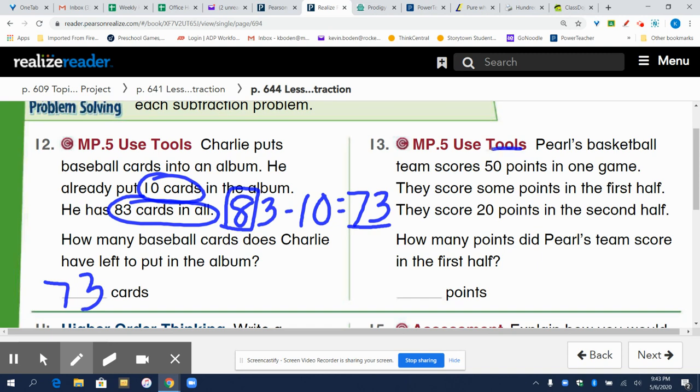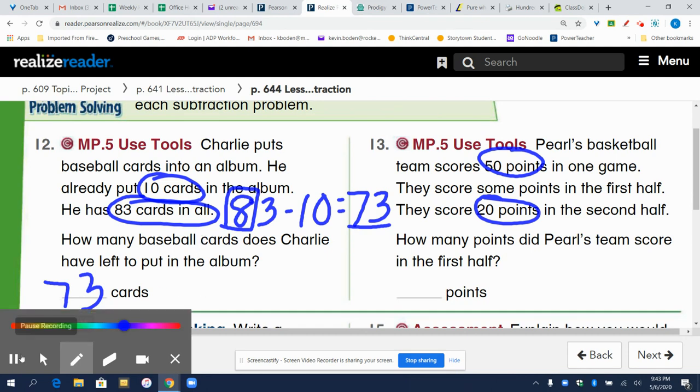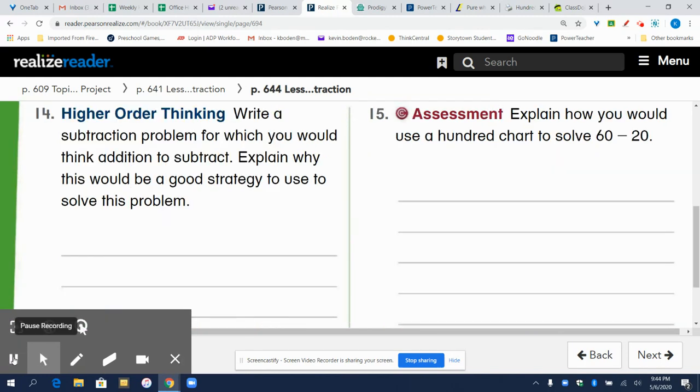Remember, there are 50 points in all. They already scored 20. How many did they score in the rest of the game? Good luck trying this one all by yourself. Keep going, you're not done yet. All right, you're the bomb.